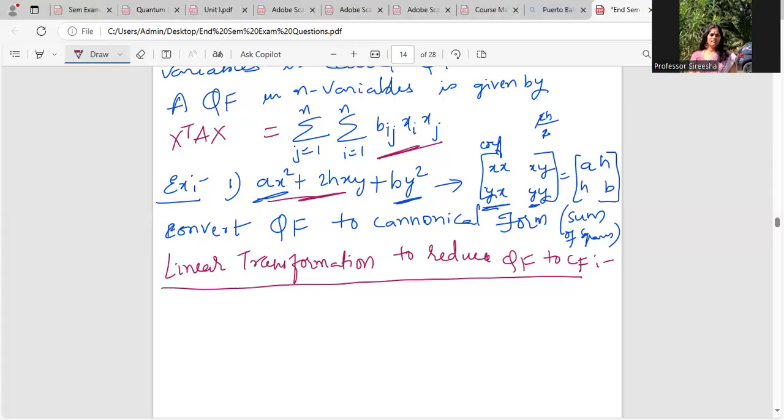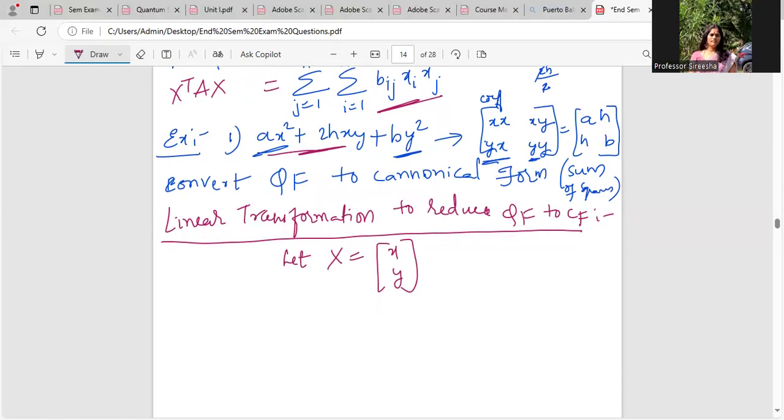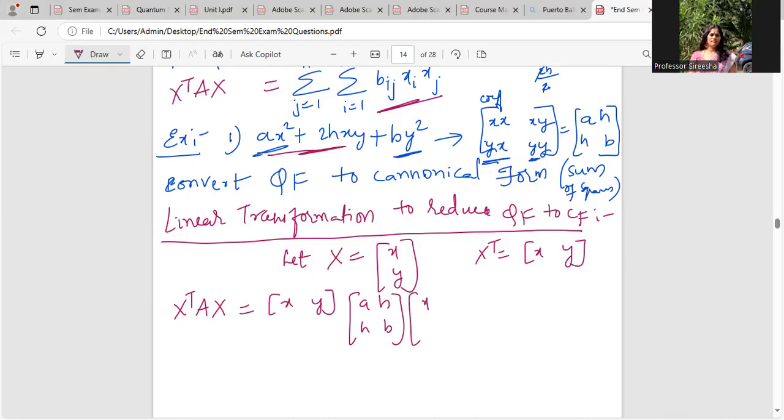Let capital X be equal to (x, y) in the above example. What would be X transpose? It would be the row vector (x, y), if I consider capital X to be the column vector. You all know, right? In X transpose AX, X transpose is the row vector (x, y), A is [a h; h b], and X is (x, y).